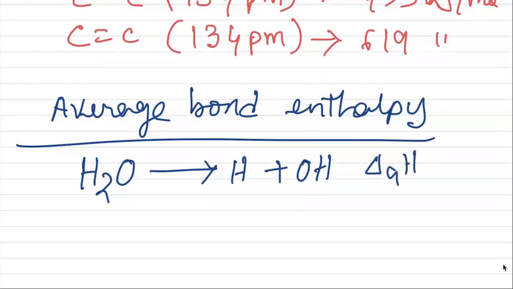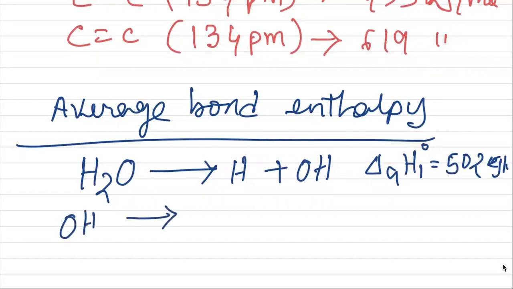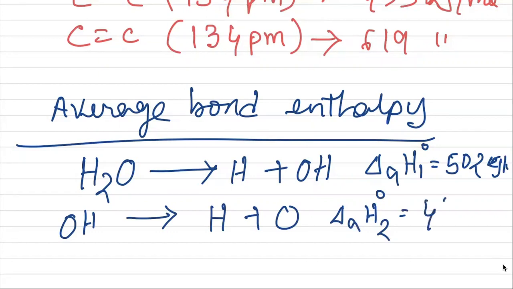For this, the bond enthalpy is, suppose, 502 kilojoule per mole. And when this OH again breaks down to form H plus O, the energy required to break that bond becomes 427 kilojoule per mole.